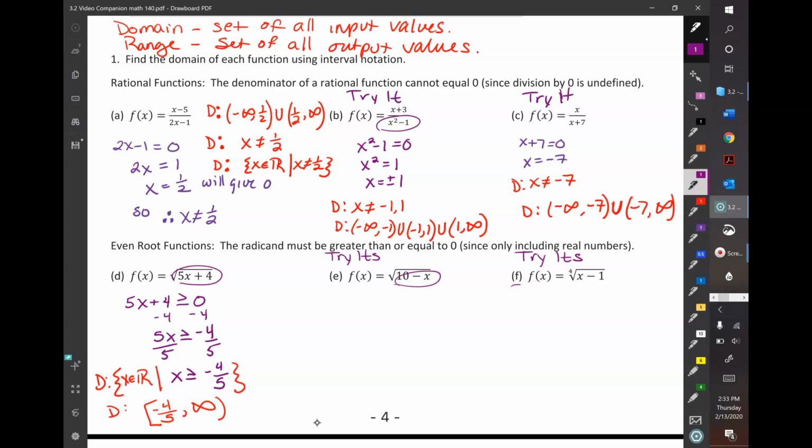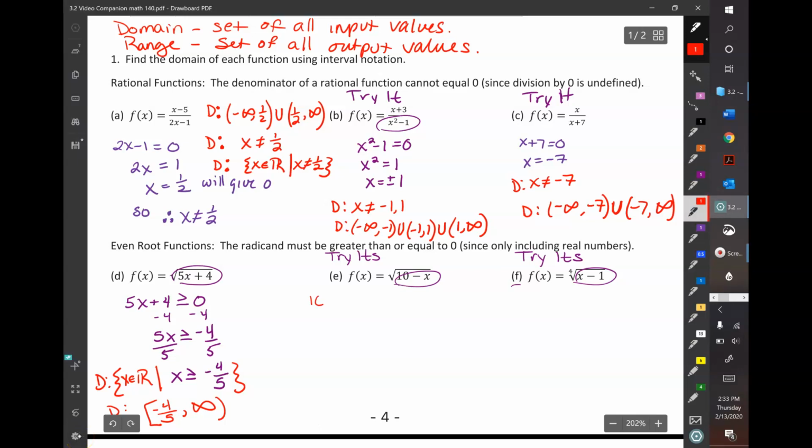And the same here for the fourth root. So f of x equals fourth root of x minus 1. So we're getting all even roots, so you can just make that be greater than or equal to 0 for all even roots, okay? And for odd, we can have a negative. It's different.